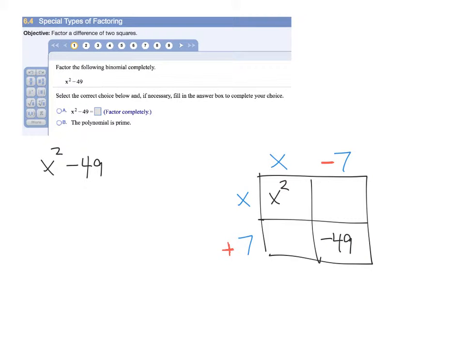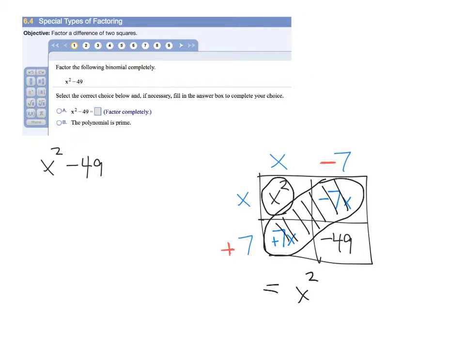Sure enough, when we multiply, you're going to get positive 7x here, you're going to get negative 7x here. So if we were to combine like terms, x squared is just x squared. These two terms right here cancel each other out because you have positive 7x and negative 7x. And then you've got this negative 49 left over.